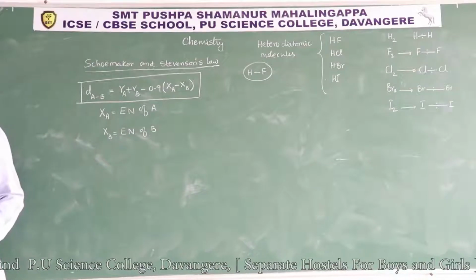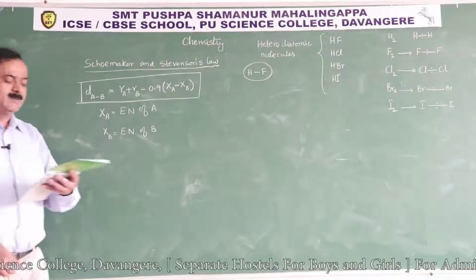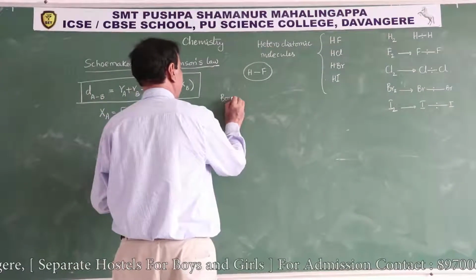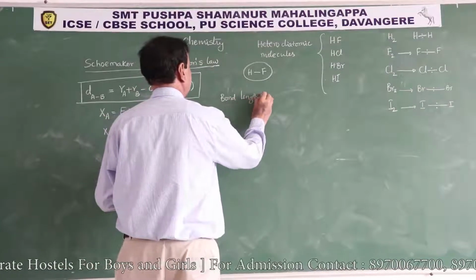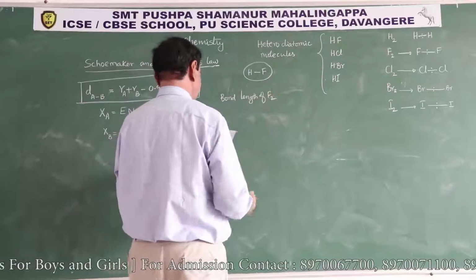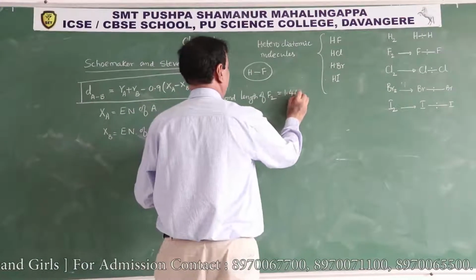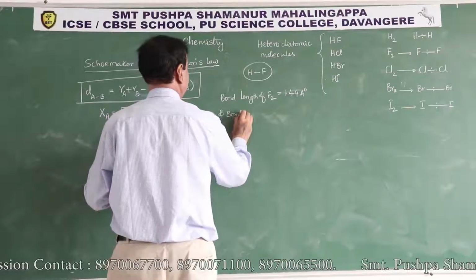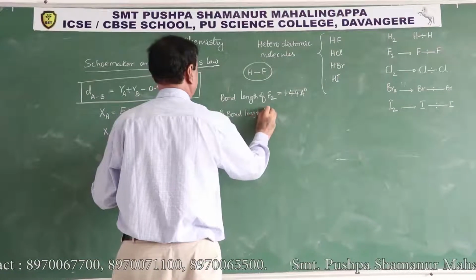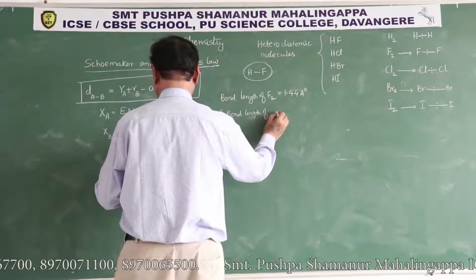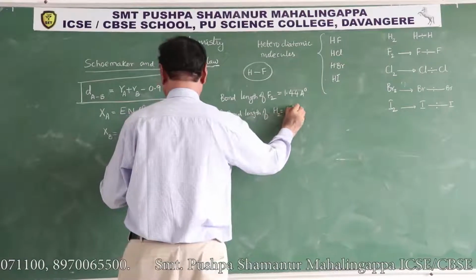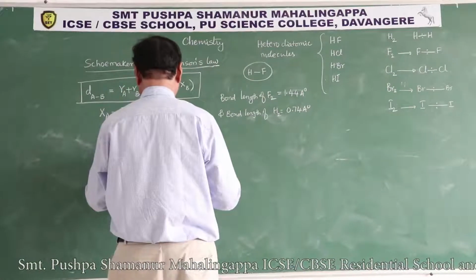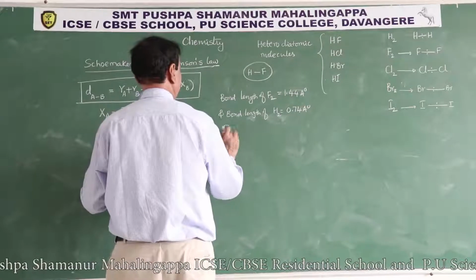Now suppose you have to solve one problem. If the bond length of fluorine is equal to 1.44 Angstrom units, and the bond length of hydrogen is equal to 0.74 Angstrom units, find out the bond length of HF.